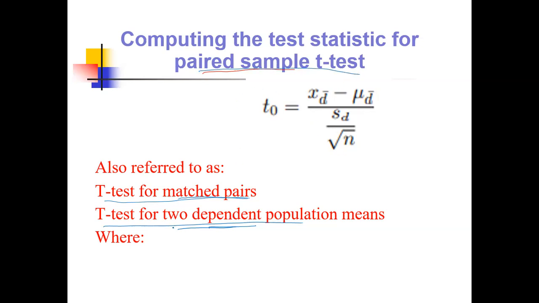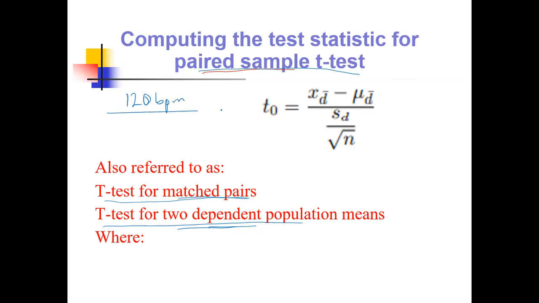And why is it called matched, or why is it called paired? It's simply because you are comparing two sets of data to themselves, but those two sets of data are related. So let's take, for example, as we mentioned before, heart beats or heart rate per minute.